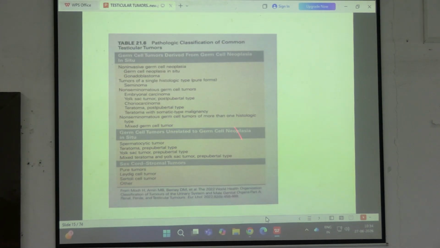Okay, now this is from your Robbins. Please go and read this. Even if I tell you, you are not going to remember. Just tell me which Robbins are you guys reading? Are you reading Robbins at all? Somebody saying yes, somebody saying no. We are preparing for PG entrance. Which edition of Robbins right now? 10th edition? Really?